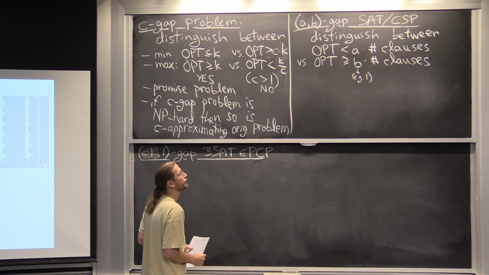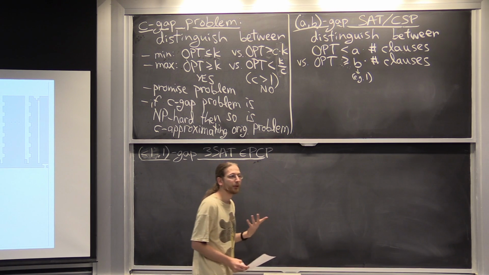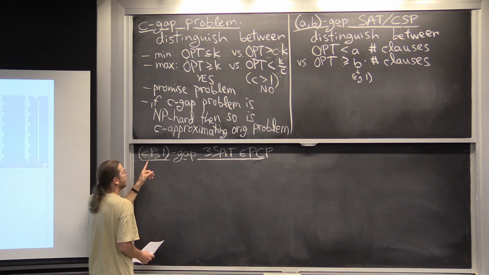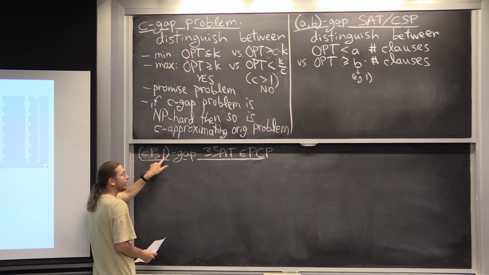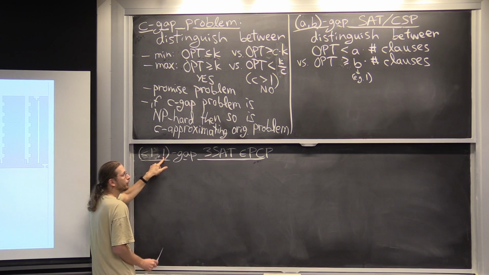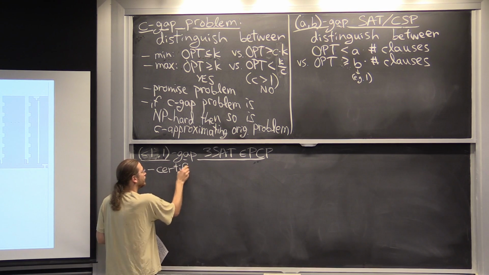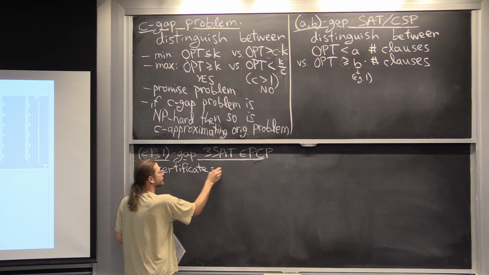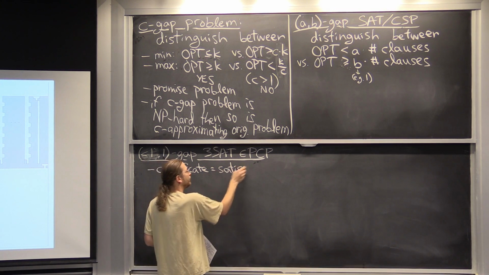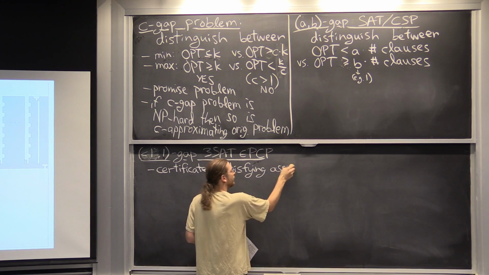There is a probabilistically checkable proof for this instance, namely, a satisfying variable assignment. In the yes instance, the entire thing is satisfiable. So just like in NP, a satisfying assignment to the variables is a good certificate.